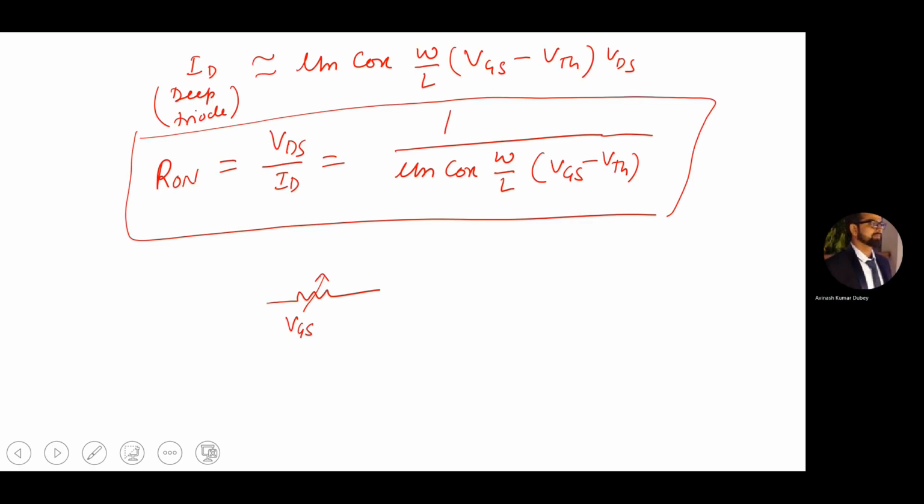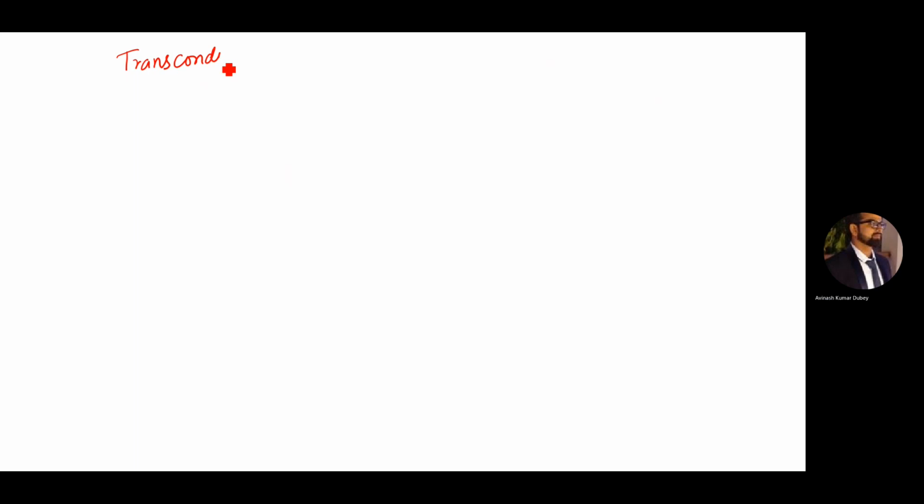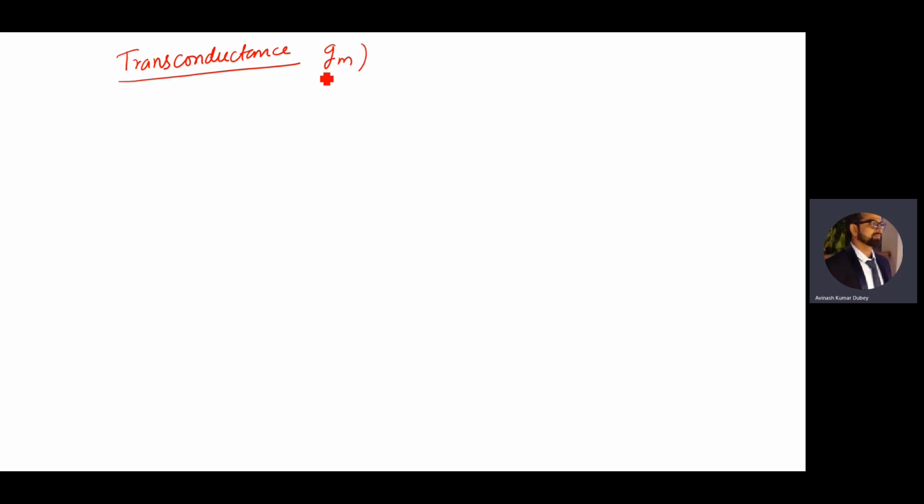So another parameter for the transistor, like resistance, is del VDS upon del ID, we can say. Then similarly there is another parameter which is called the transconductance of the device, denoted by the small gm.